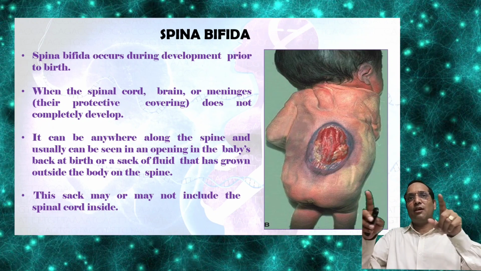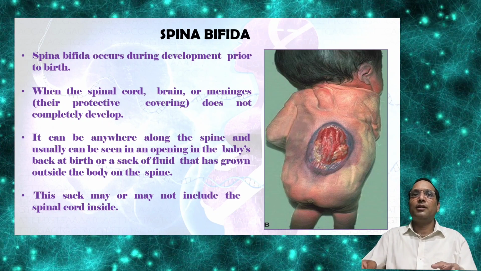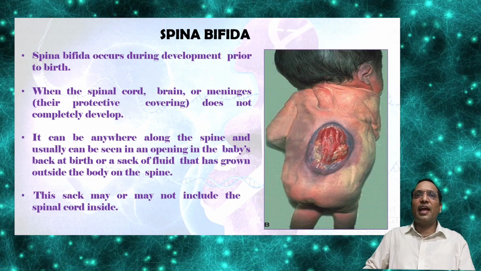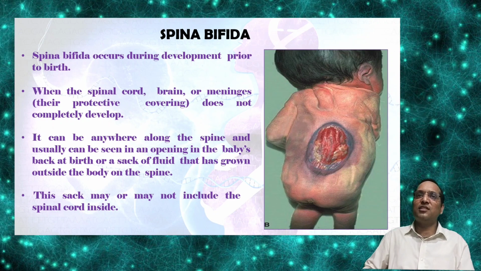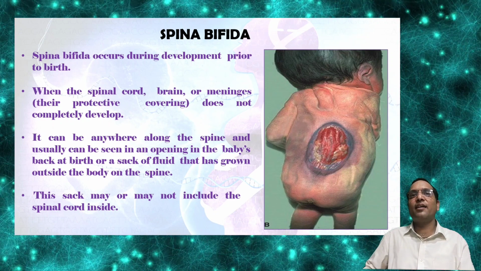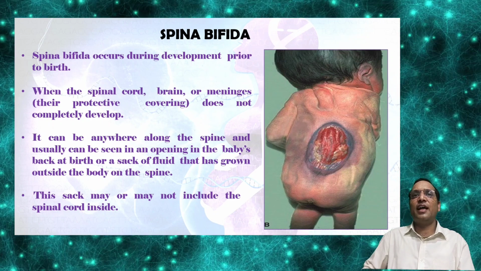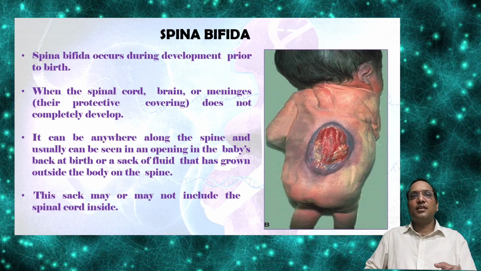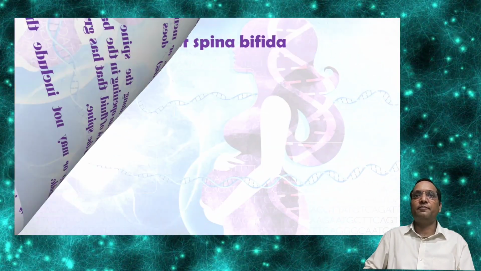If the covering is not developed, the spinal cord, brain or meninges are herniated, and it can be anywhere along the spine, or usually can be seen as an opening in the baby's back at birth, or a sac of fluid that has grown outside the body on the spine. The sac may or may not include the spinal cord inside.